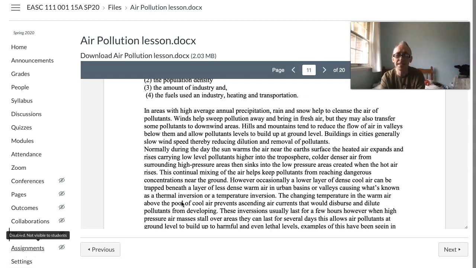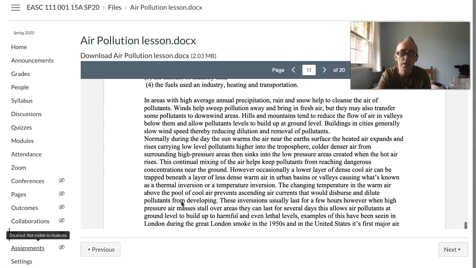Hills and mountains tend to reduce the flow of air in valleys, and this lower airflow allows pollutants to build up at ground level. Also, in cities, tall buildings may slow the wind speed and again reduce the dilution of pollutants.